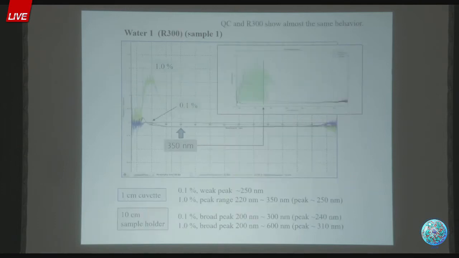And the hydrophilic powder also showed the same trend, like here at 350, increasing: using the longer sample holder causes the peak to broaden. But again, we can observe that 0.1% is a weak peak, but 1% is a very strong peak.